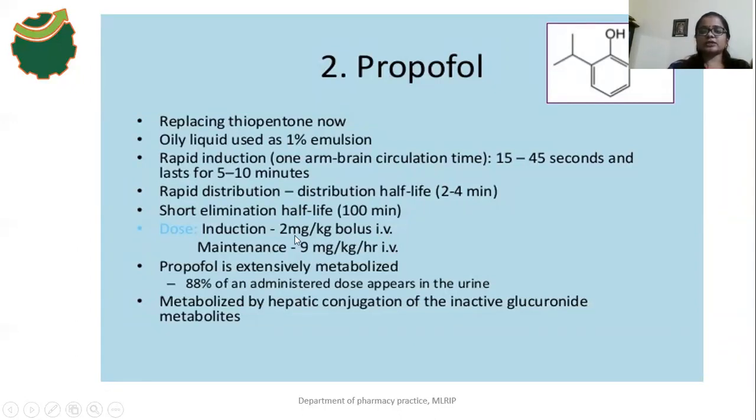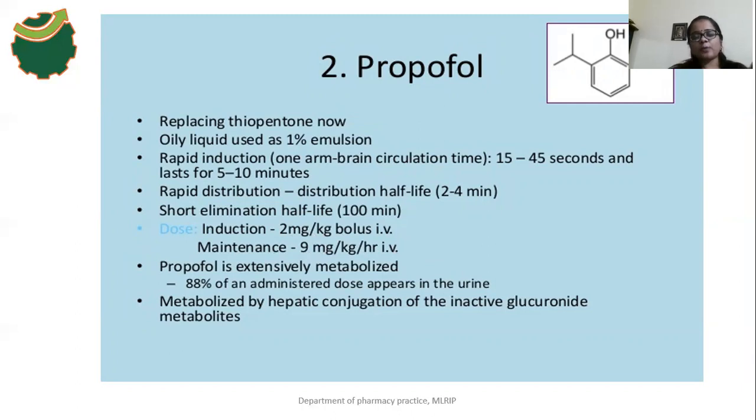The first 2 mg per kg is a bolus injection, which we give directly, and the maintenance dose should be mixed with the IV fluids. The 9 mg per kg of propofol should be mixed with IV infusions.